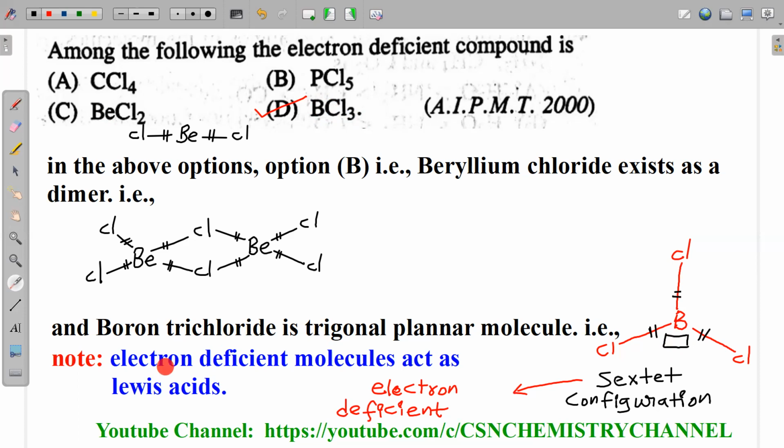Electron pair accepting species, or electron deficient molecules, are called Lewis acids. So BCl3, an electron deficient species, acts as a Lewis acid. Very important model.